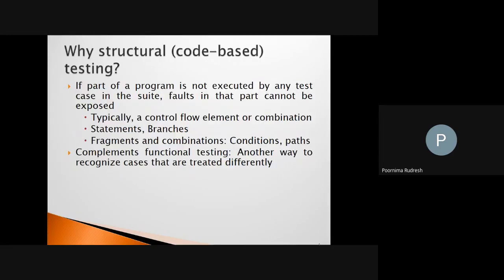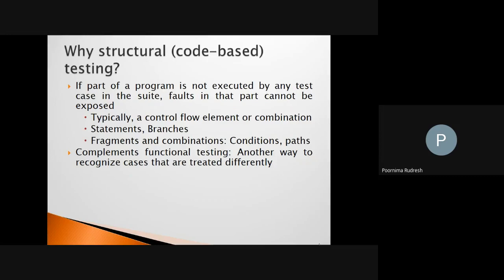Then why are we going for structural or code based testing? Suppose you have written a program and you are executing it. If part of the program is not executed by any of the test cases present in the test suite, then the faults which exist in the program or the system cannot be exposed.